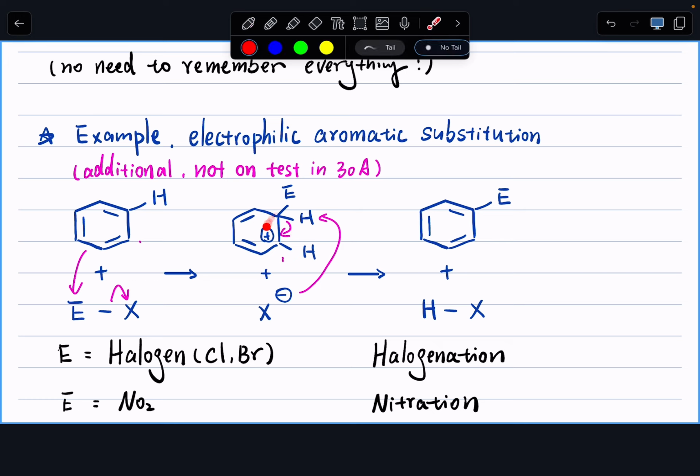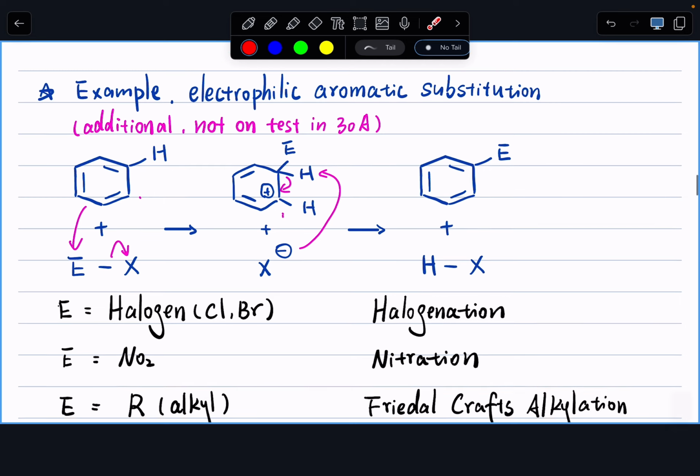So we're regenerating the double bond in the aromatic group, forming the new H-X bond, and breaking the carbon-hydrogen bond. So this is an example where you don't know anything about the reaction, but simply by looking at the connectivity of your reactant and product, you can draw the arrow pushing to tell you where the electrons are going.